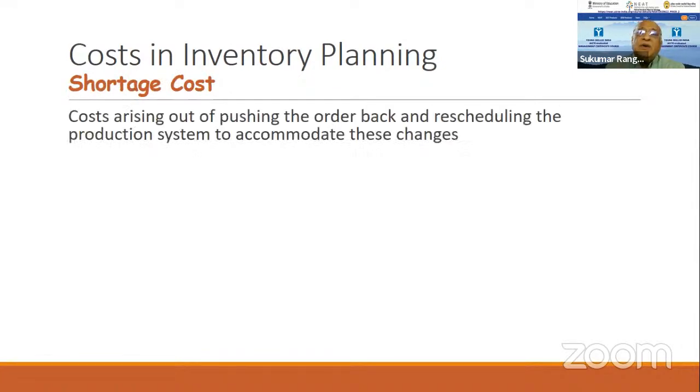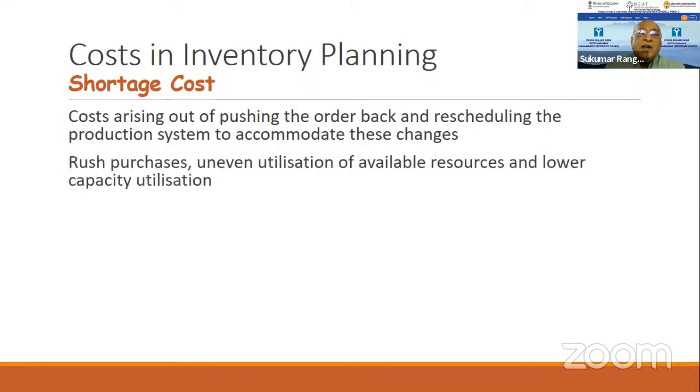Shortage costs arising out of pushing the order back and rescheduling the production. Rush purchases. Suppose you want something urgently. In fact, if you see in many organizations, they will have one firefighter kind of a person in the purchase department. Something is not there, he is the one to go and source and get it immediately.